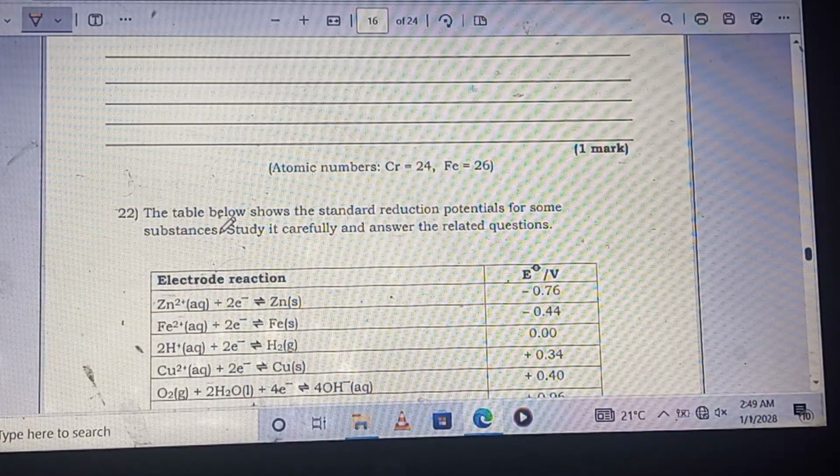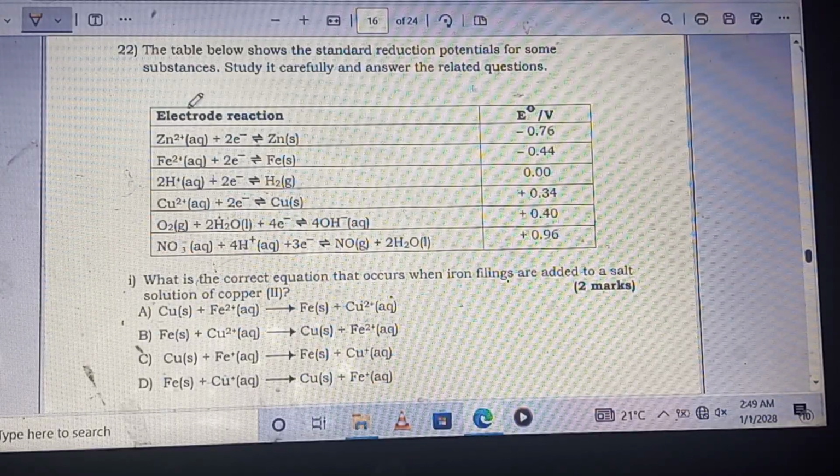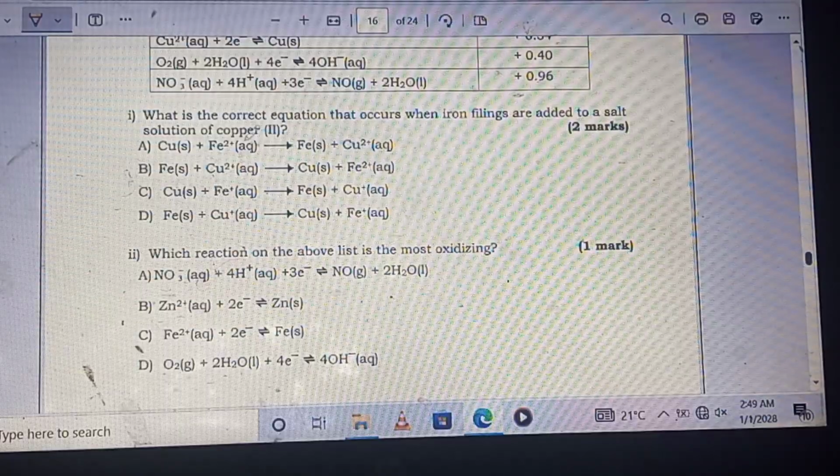Question 22. The table below shows the standard reduction potentials for some substances. Study it carefully and answer the related questions. We have the electrode reaction and its value. I. What is the correct equation that occurs when iron filings are added to the salt solution of copper 2?